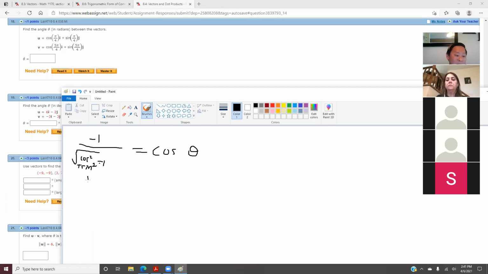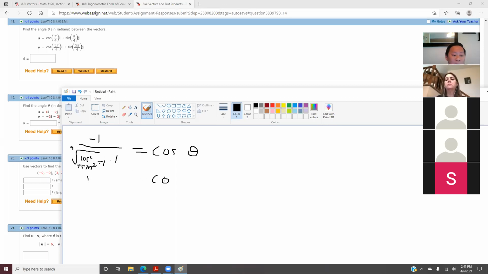The same goes for v, because you square this plus square this, you also get cosine squared plus sine squared, which equals 1. This is good news, because that means this is 1, this is also 1. So 1 times 1 is 1.